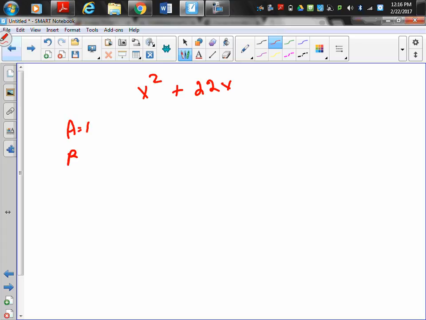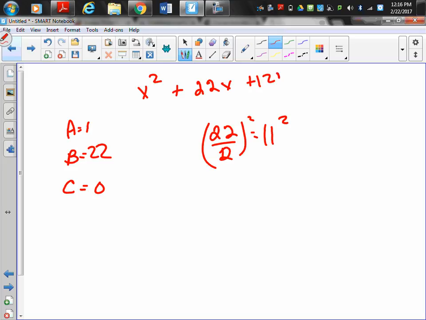What is my B? What is my C? 0. All right, 22 divided by 2 equals 11 squared. 11 squared is what? So I'm adding that to be able to complete the square.